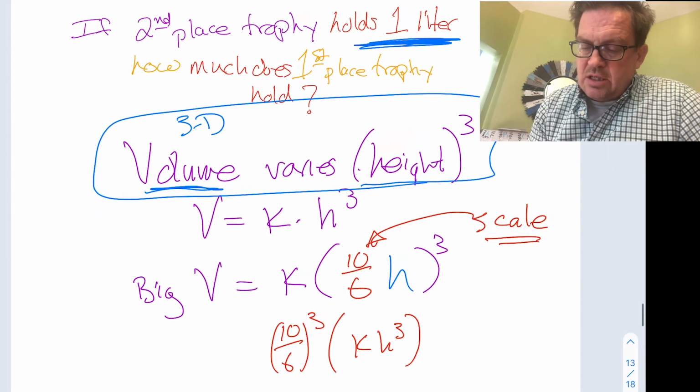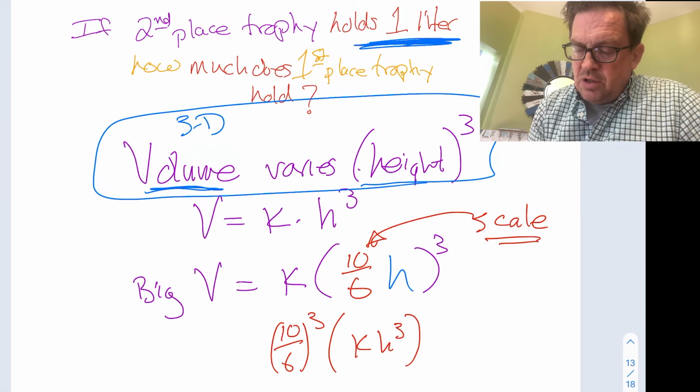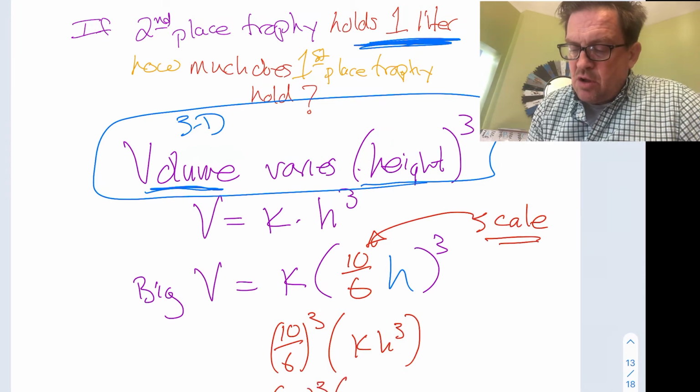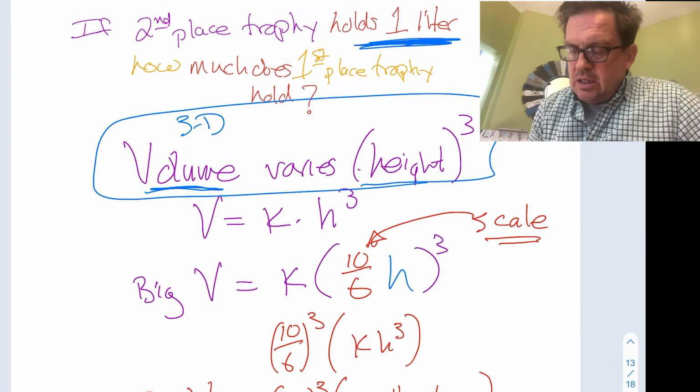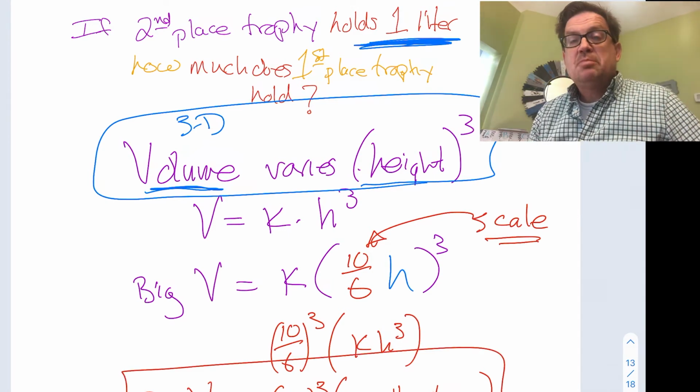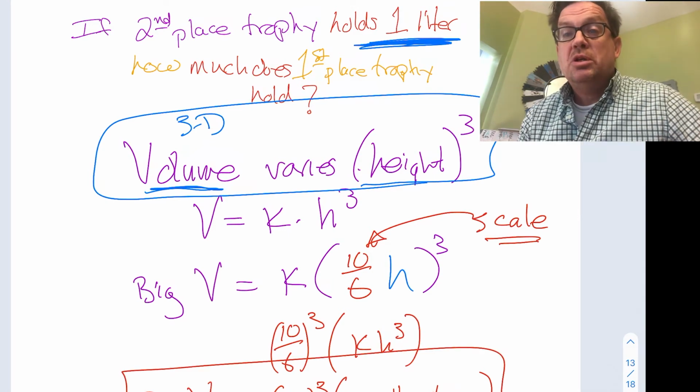So that's 10/6 cubed times the small volume. So the big volume is scaled by 10/6 cubed.